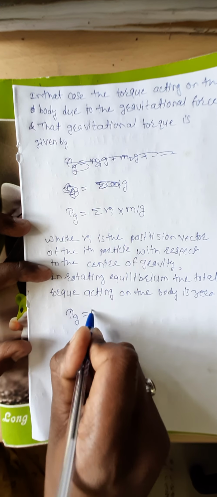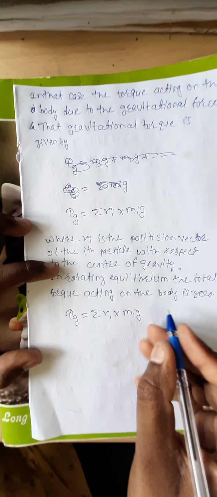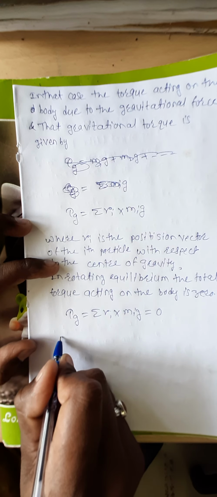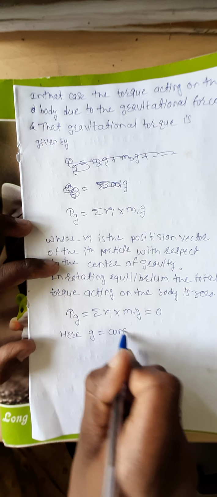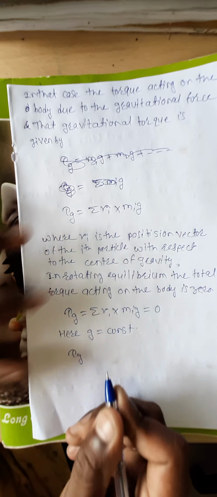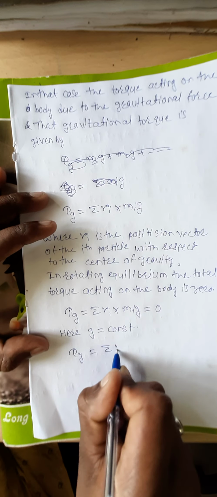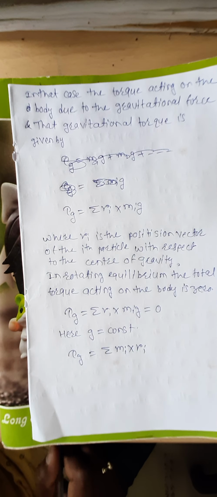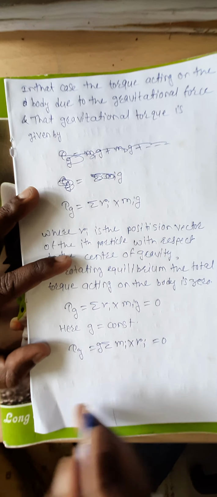Therefore tau G is equal to the summation of Ri cross mi g, which is equal to 0. Here g is constant, therefore we have to take that outside. So the torque due to the gravitational force is g times the summation of mi Ri, which is equal to 0.